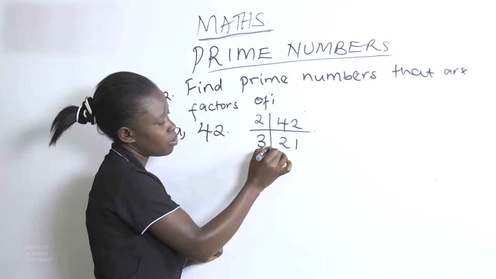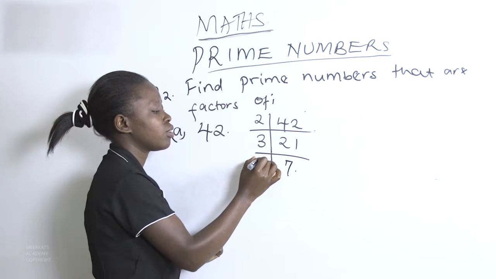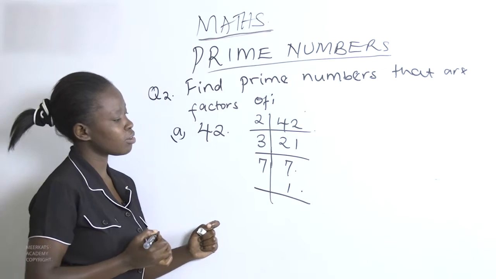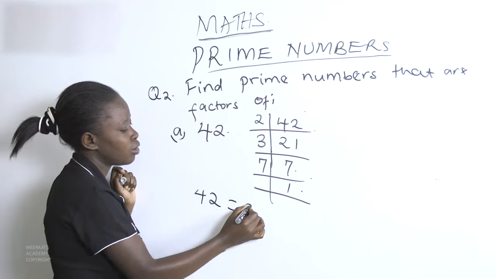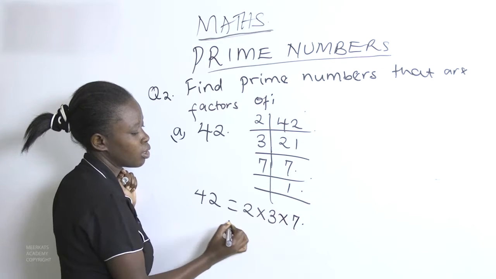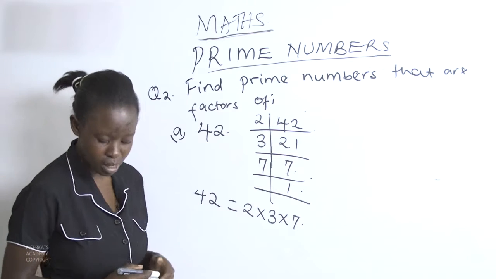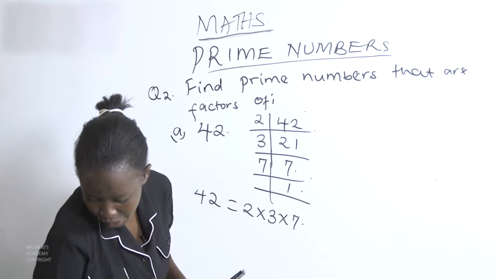The next prime number is 3. 3 into 21, 7. Then 7 is the last prime number we have. So the prime numbers making up 42 are 2 multiplied by 3 multiplied by 7.